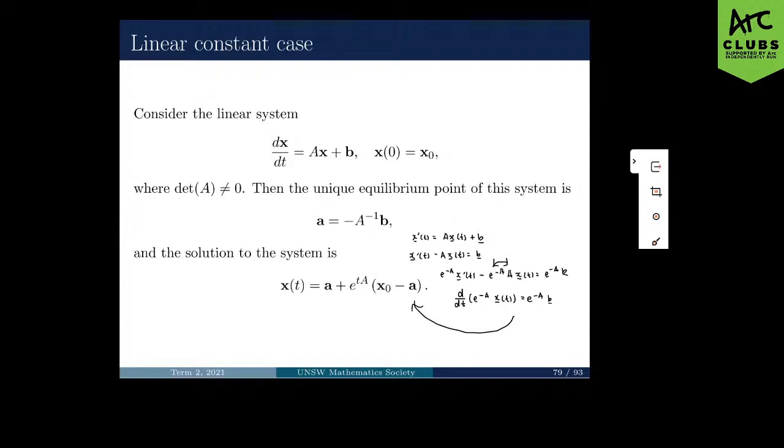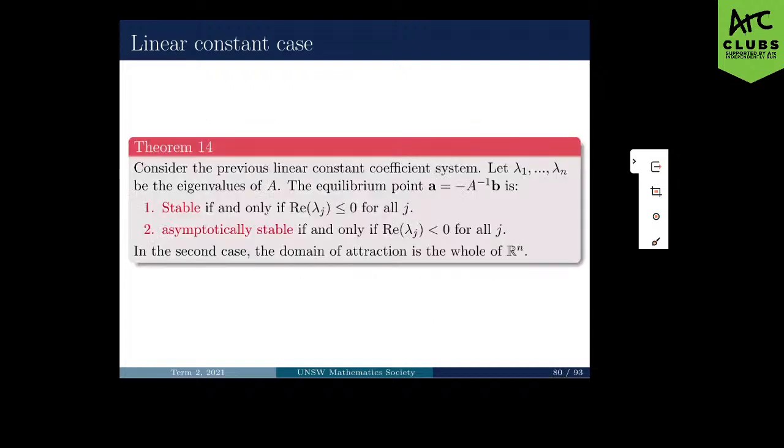In this linear constant case, which is what we want to get to, we have much nicer properties for stability. Suppose we have the system dx/dt equals Ax plus b.